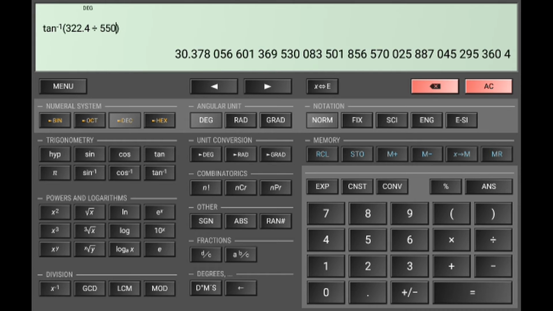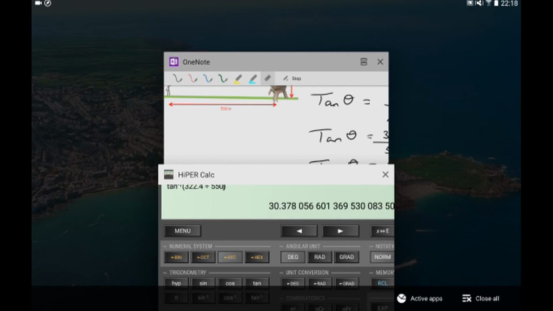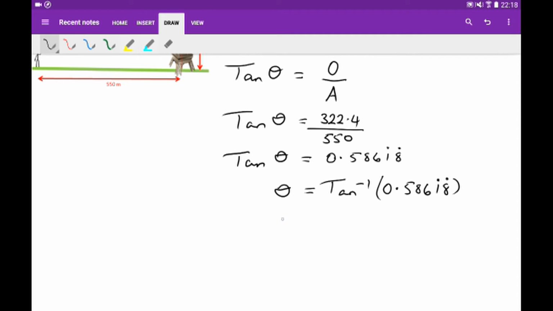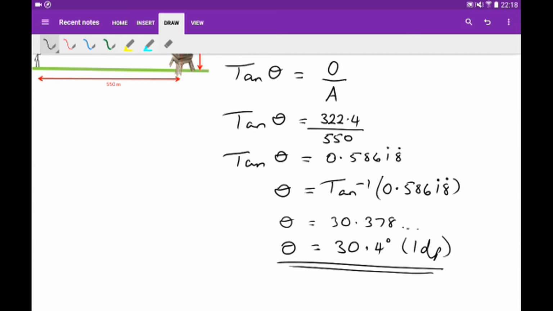I don't need the rest, 30.378, and we normally round angles to 1 decimal place. And here's our answer.